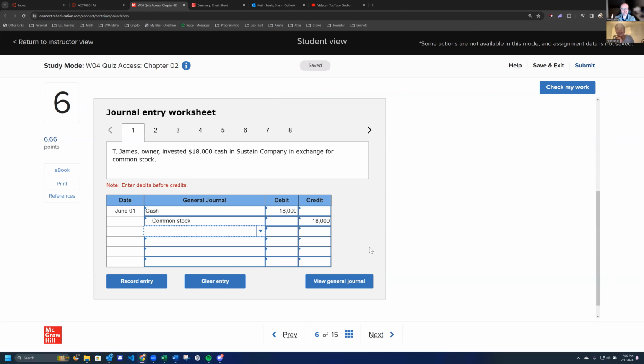Just like on the asset side of the equation, really, if you cut the balance sheet in half and you've got the assets on one side and the liabilities and equity on the other, those pretty much give you a sense for where the debits are and where the credits are. So the assets are almost always a normal debit balance, and the liabilities and equity are almost always a normal credit balance, right?